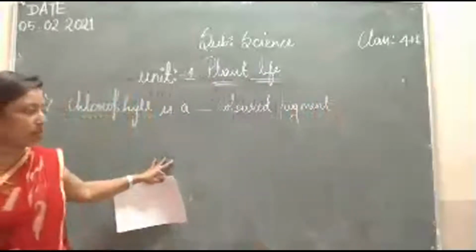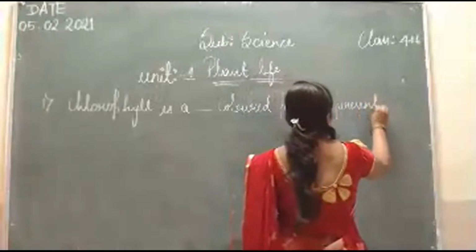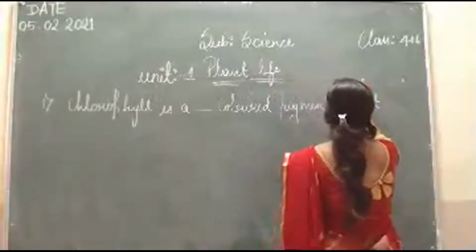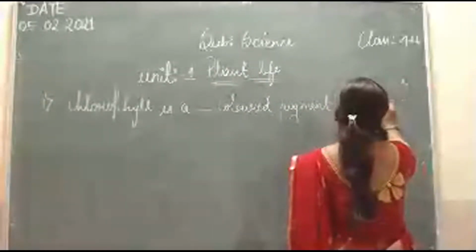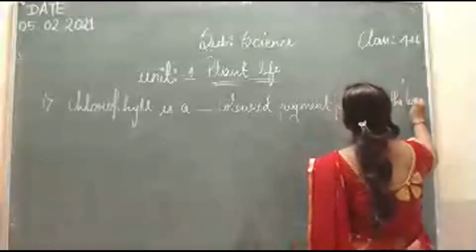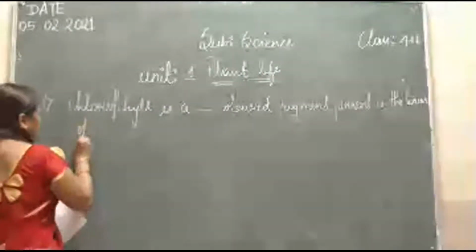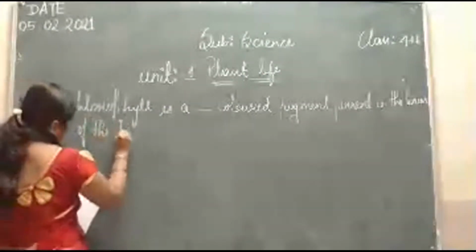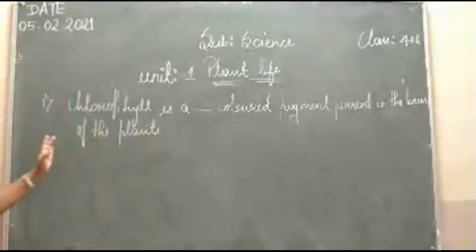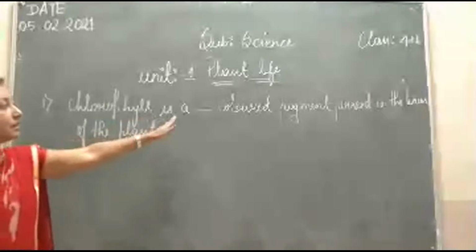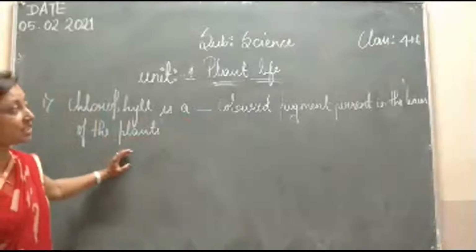Chlorophyll is a dash color pigment present in the leaves of plants. In which color may it be?